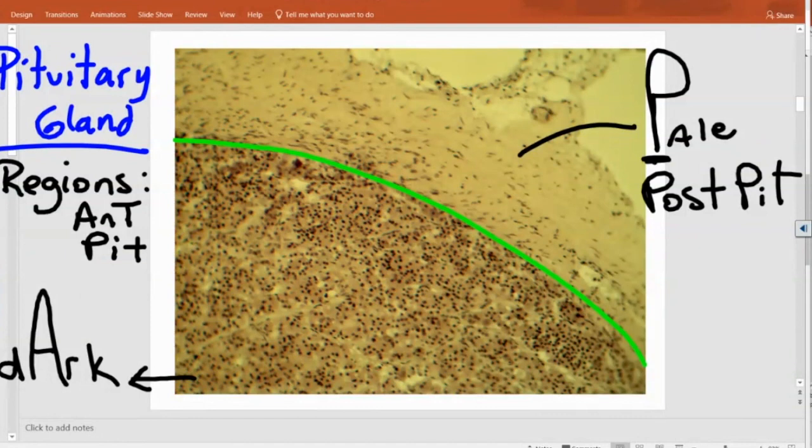There are 2 reasons the posterior is special. 2 things about it that are different than almost every other gland. Can anybody tell me one of those 2? Very good. It does not produce any hormones. So no hormones produced there.